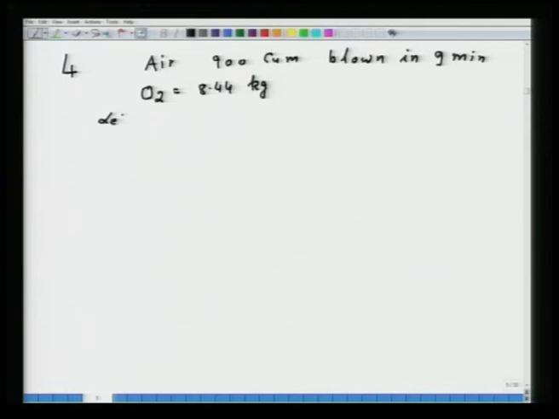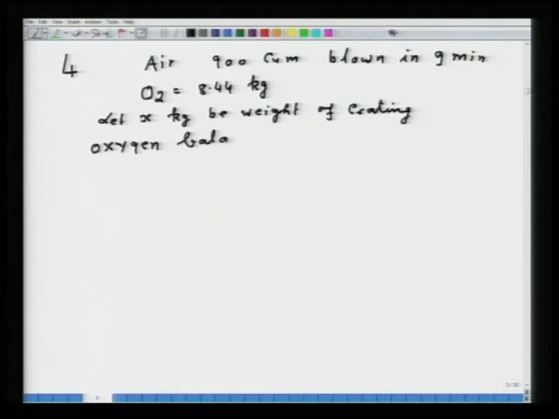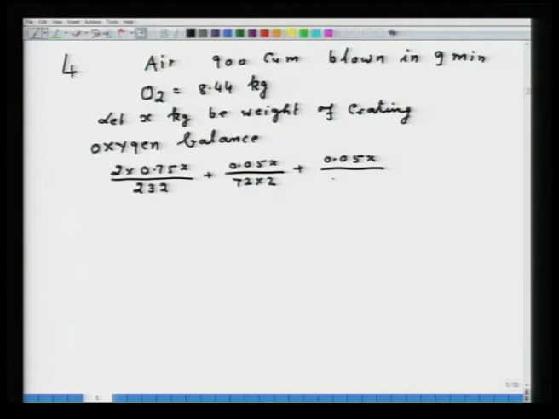Now, let x kg be the weight of coating. Then we do the oxygen balance, and from the oxygen balance we can write down that 2 into 0.75 x upon 232 plus 0.05 x upon 72 into 2 plus 0.05 x upon 2 into 80, that is equal to 8.44.